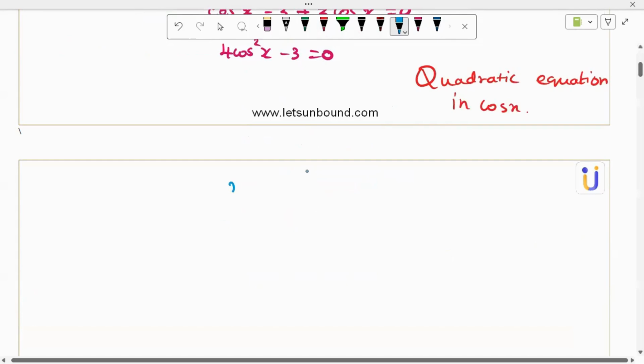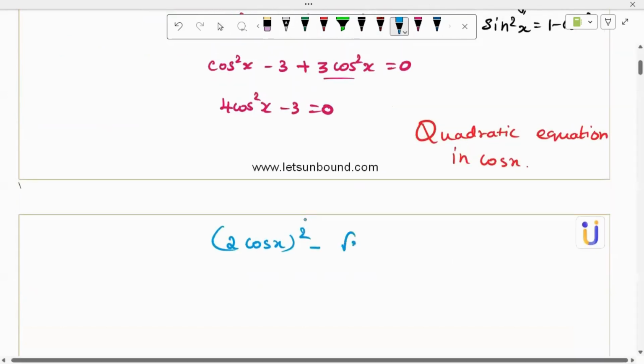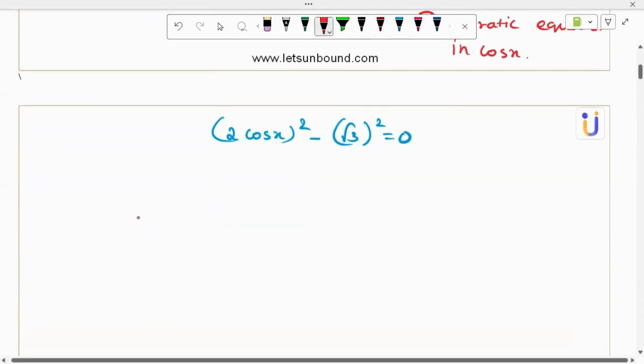4 cos square x can be written as 2 cos x the whole square, and 3 can be written as root 3 square. So what I'm trying to do is a square minus b square. It's very simple and you can use this identity. We already know a square minus b square can be broken down into a minus b times a plus b.